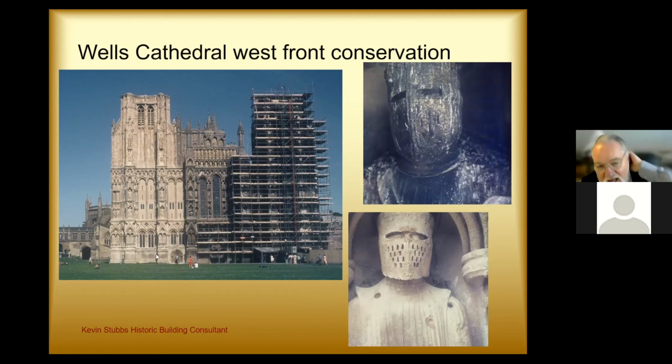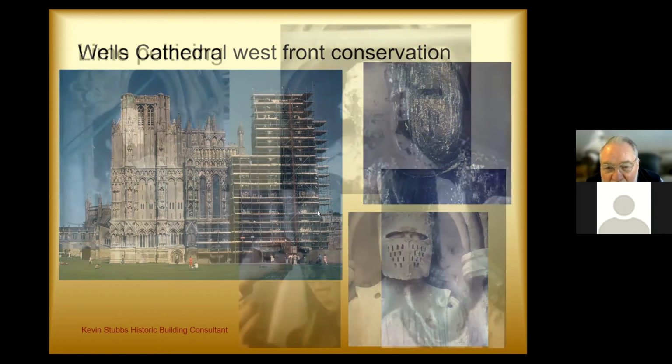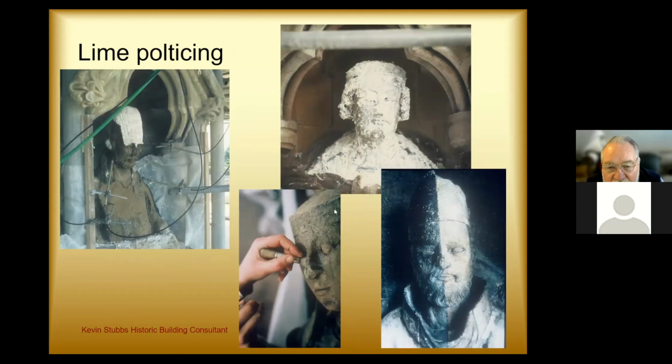So at the end of the day, a chap called Professor Baker was brought in, and he suggested using lime to conserve the limestone. Not rocket science really. To get rid of the rubbish off the surface, he suggested slaking lime on the surface of these statues.